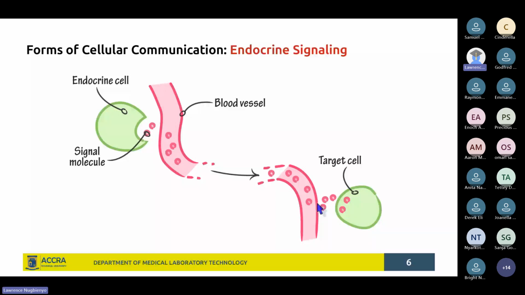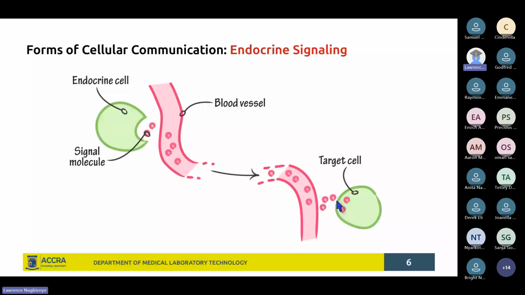So you have the signaling from one tissue flowing in the bloodstream to a different tissue in a different location altogether. And it is in that tissue that you have the target cells that are going to respond to those signaling molecules, what we are referring to as the hormones.